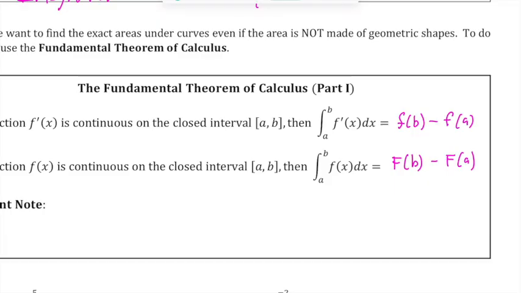But basically, if you perform this operation, the integral and the derivative cancel, and you just plug in b to the function and then subtract it from a. Notice how these are lowercase, because these are our original functions, because we're taking the integral of the derivative.